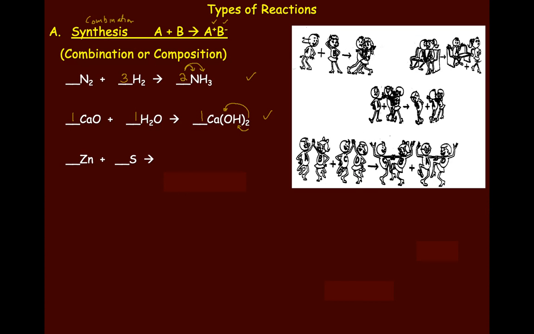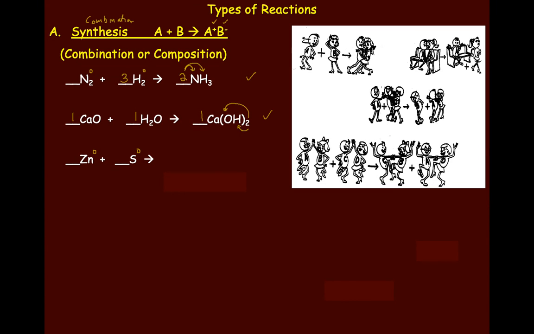One thing you really have to remember is that when elements are written alone in their unbonded state, sometimes called the free state, their charges are zero because they're starting in the neutral state. So elements written by themselves have to be neutral. This is before they bond.